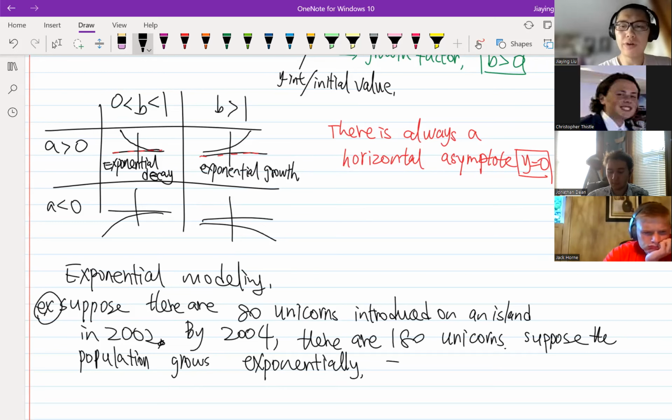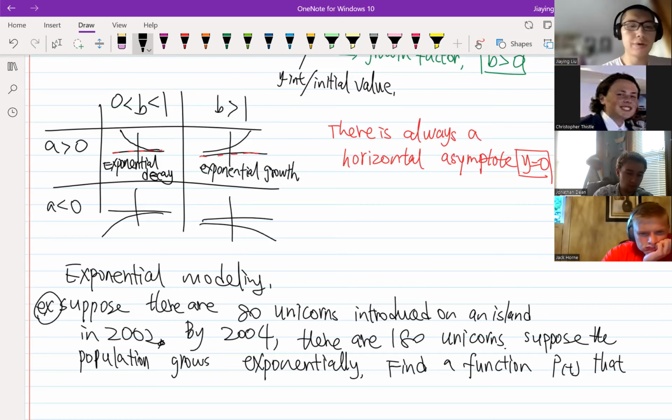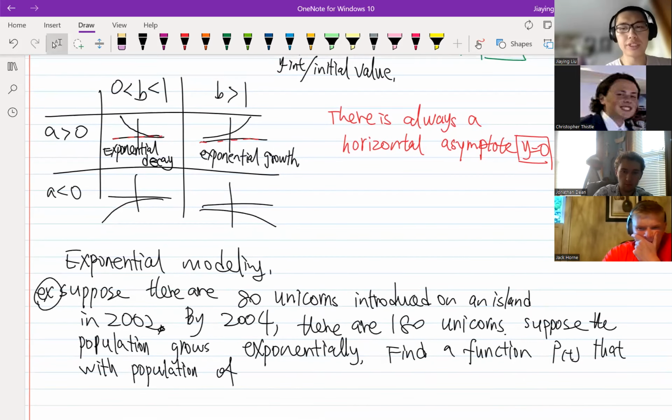We want to find a function, let's just say P of t, that will give the population. I don't really expect you to write down the whole problem because I personally don't enjoy writing it down.